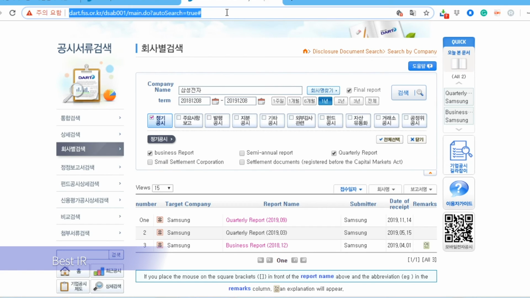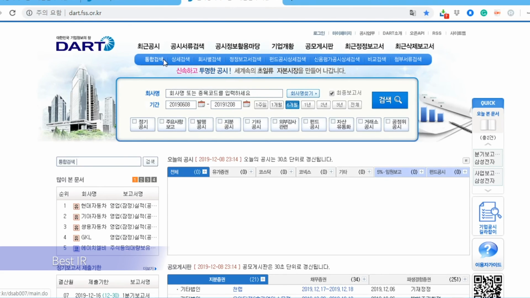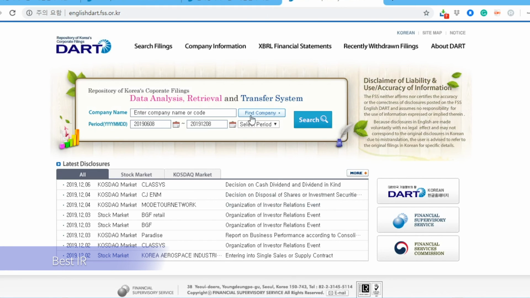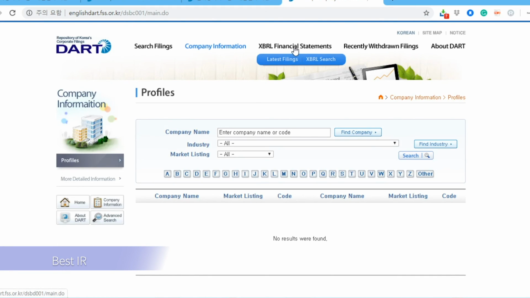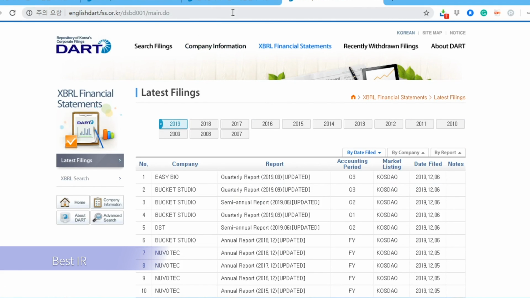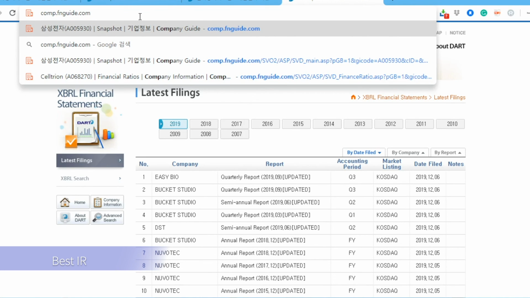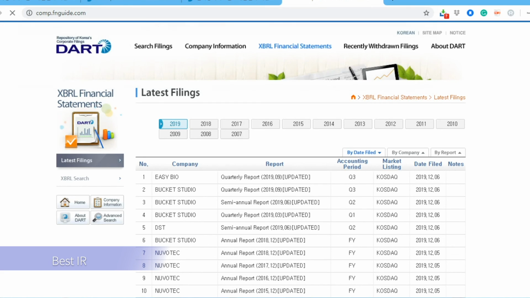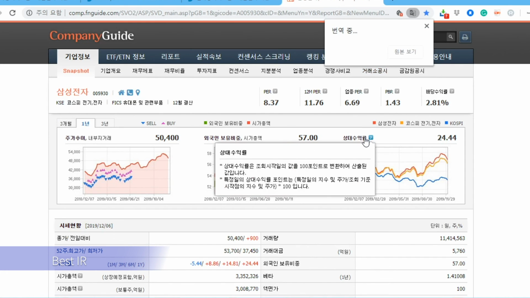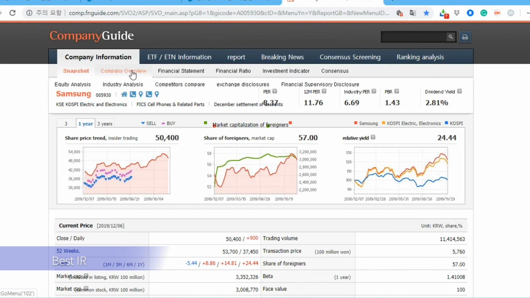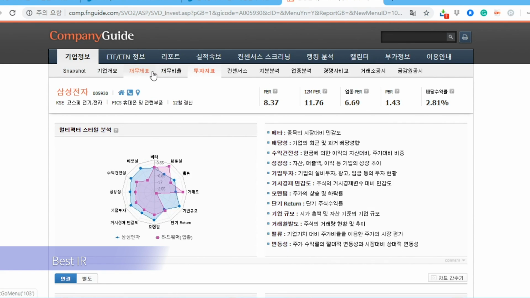The best thing is to go to DART, and you could find the basic information by using English, confirming information provided by the government, FSS. And if this doesn't satisfy you, you could utilize company.fnguide.com, where you're going to see a lot. You're going to get the price, company overviews and financial statements.